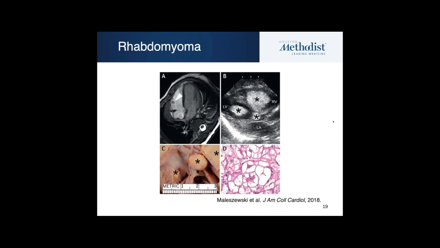The echocardiogram images here show 3 discrete masses, and then the MRI shows post-contrast inversion recovery delayed, recovery spoiled gradient images, and incidentally a smooth marginated right ventricular rhabdomyoma. Here's the gross pathology showing this well-demarcated tumor, and the histopathology photomicrograph showing the classic spider cells of the cardiac rhabdomyoma.